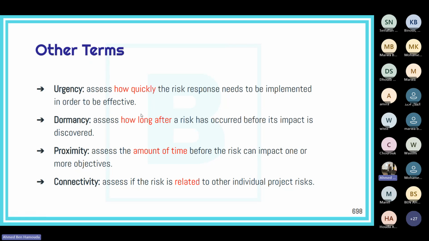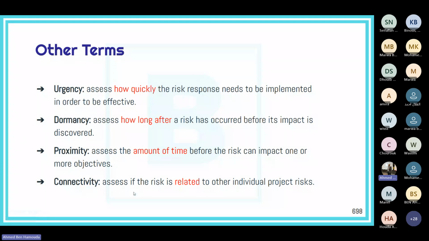Risk dormancy is when the risk occurs and we wait to see what the impact of the risk was. So risk dormancy is about assessing how long after a risk has occurred before we could discover its impact.